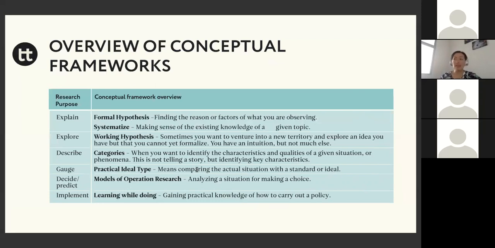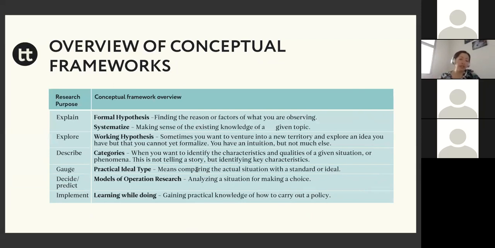We might be in a situation where what we need is to develop categories for us to understand a problem better. We could use research to gauge or to compare how we are doing compared to an ideal situation. Research can be used to help us decide or predict what's going to happen, and we can also use research to implement in practice a specific policy or a specific problem. And depending on our purpose, we will choose a different conceptual framework.